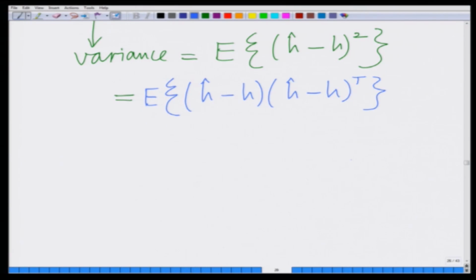And now, we can write this by substituting for H hat minus H from above.